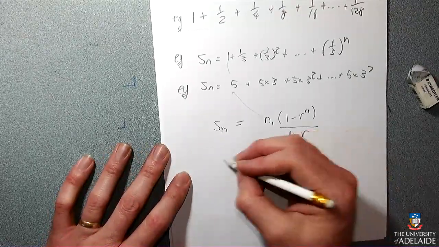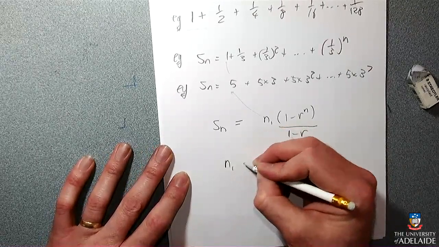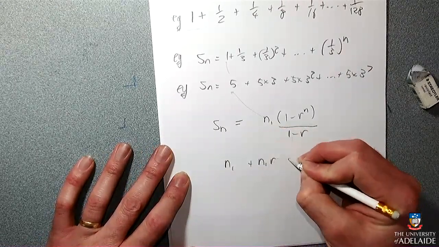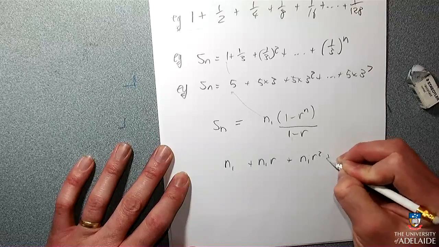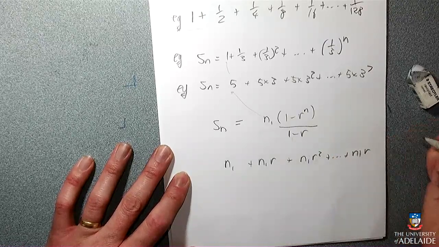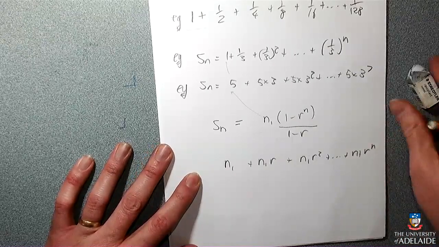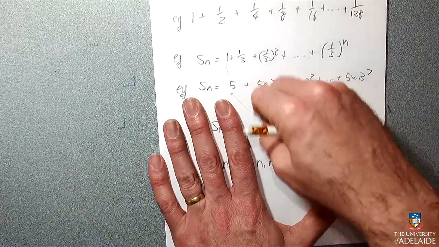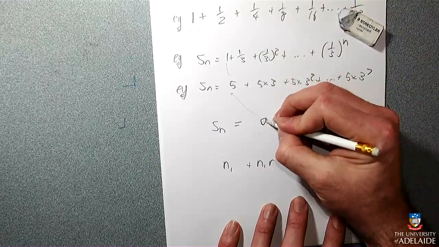So we have something like n1 and n1 r and n1 r squared. Oh, I don't like using n's for both of those. Can I use an A?